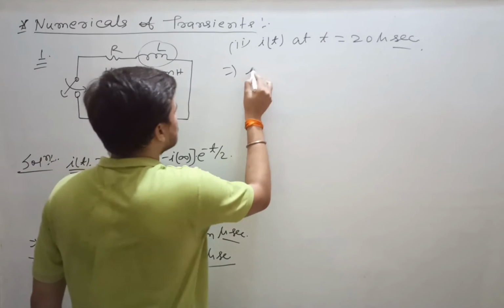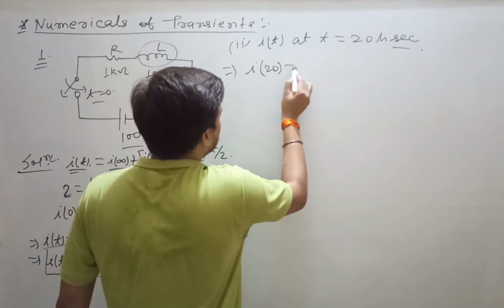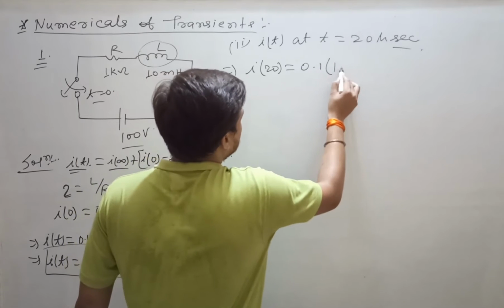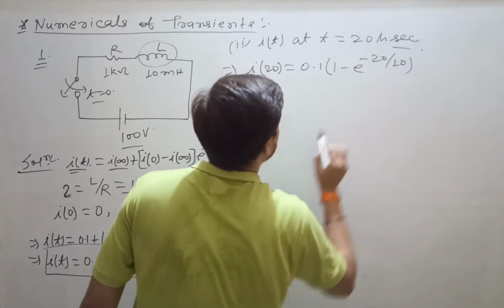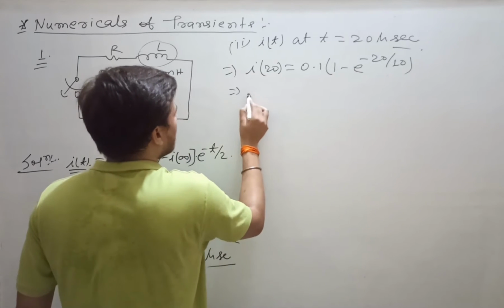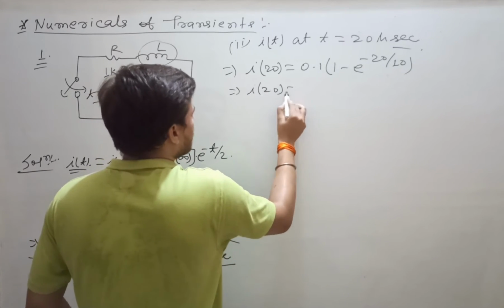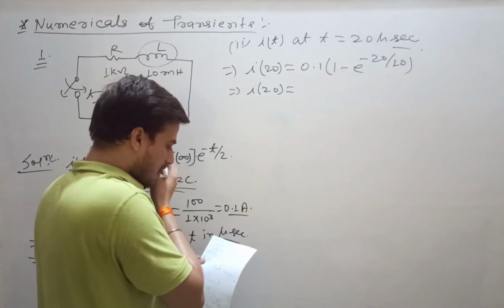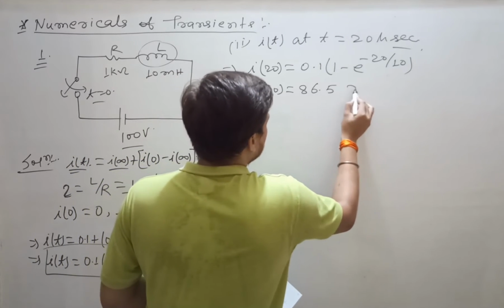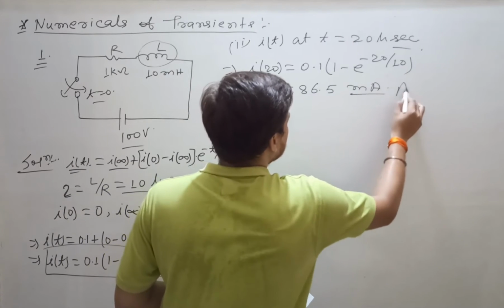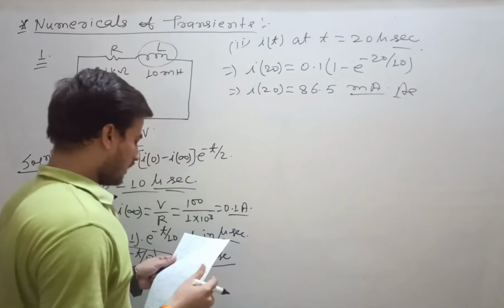I(20) will be equal to 0.1 into 1 minus e to the power minus 20 divided by 10. So I(20) will be equal to 86.5 milliampere. That will be the answer.